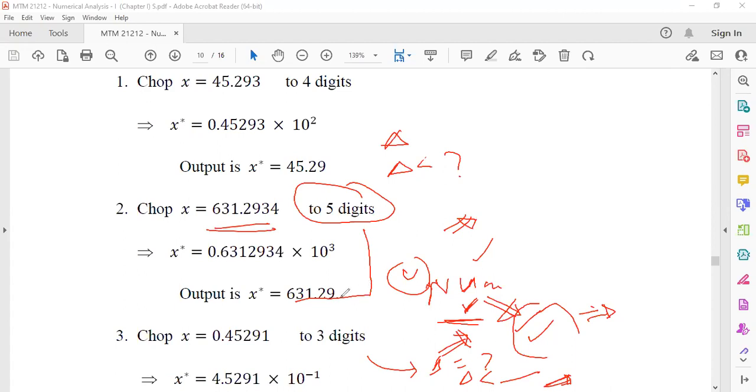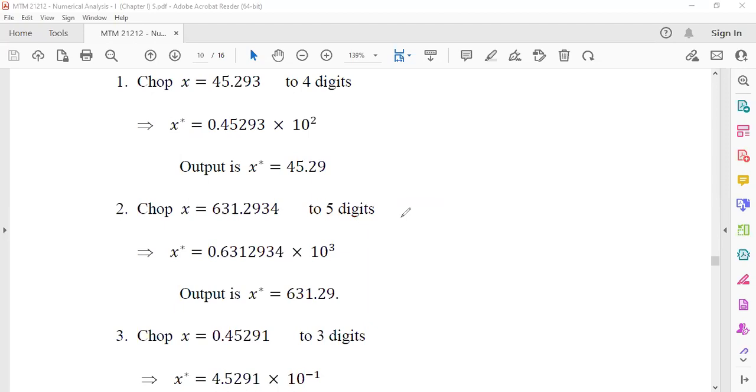5 digits. 3, 4. Yes. 3, 4. Then in here, okay, wait. To clear this one. So here you can see our W is equal to 5 and N is equal to 3.